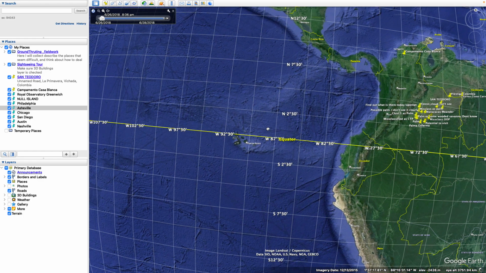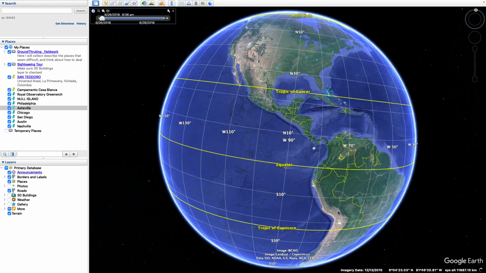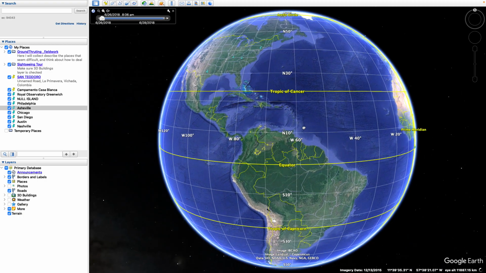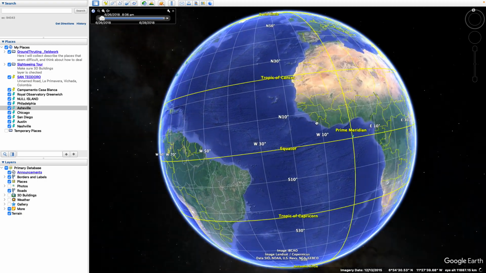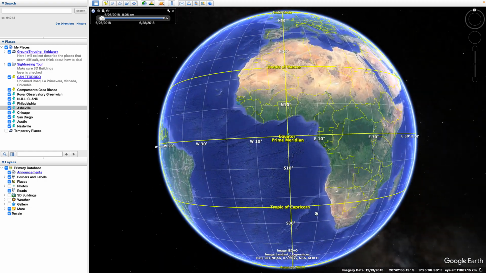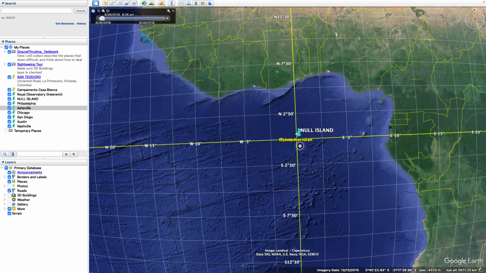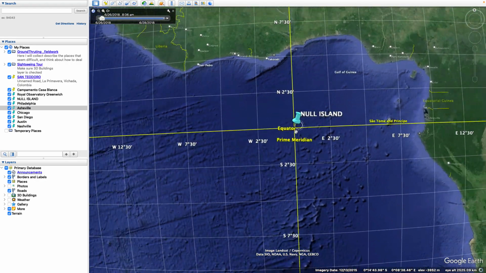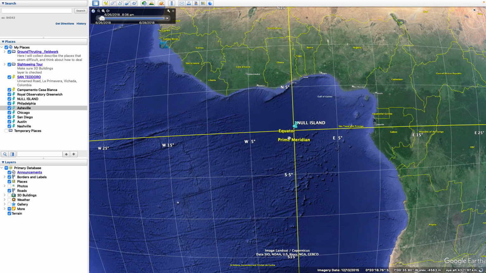And in this second system, decimal degrees, we don't speak about north and west, but we provide positive and negative values. I forgot to mention that this is the origin of the reference system in the world. This is kind of the city hall of the world. It's a place called Null Island, which actually doesn't exist.